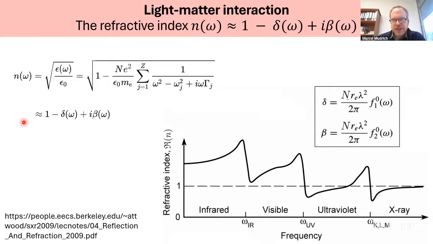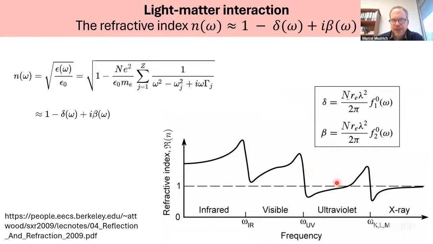But in the X-ray range, it turns out that the index of refraction has a quite different structure and different properties. So the very generic trend of how the real part, so the refractive part of the index of refraction, depends on the frequency, spanning over the whole spectrum from long wavelength infrared to very short wavelength X-ray, is shown here.